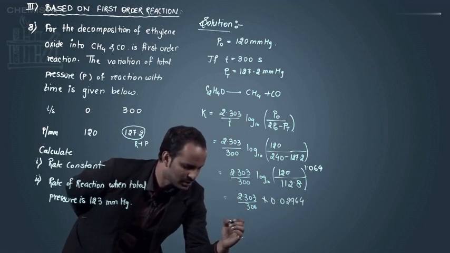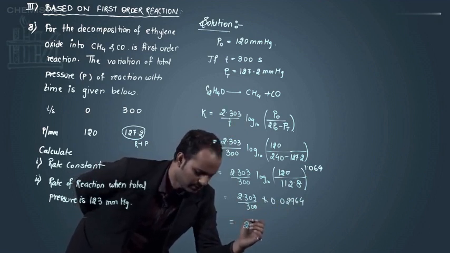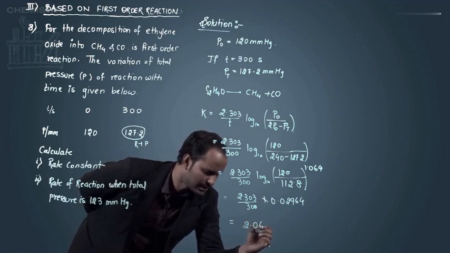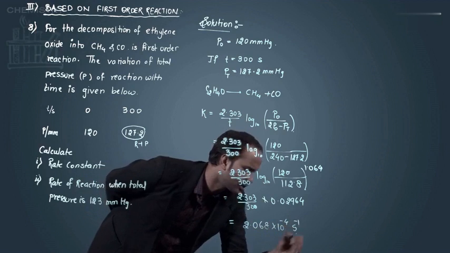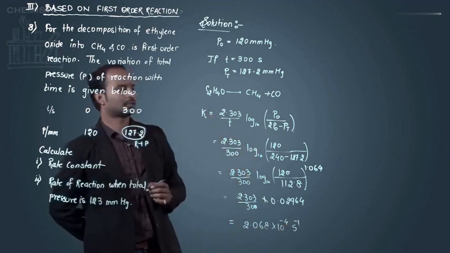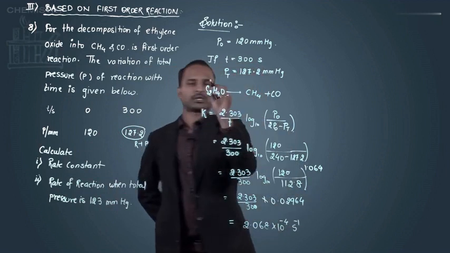And on multiplication and division we have 2.068 into 10 raised to minus 4. Rate constant, first order reaction, so unit is going to be per time. Here the time is in seconds. Okay, so the first part is over.